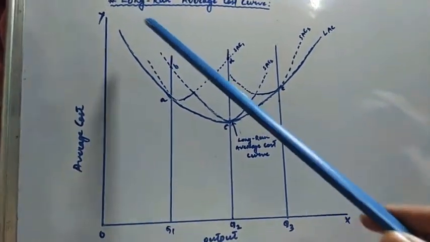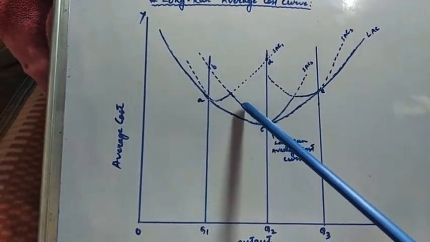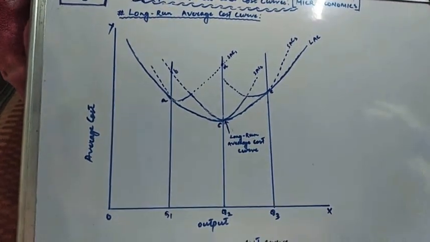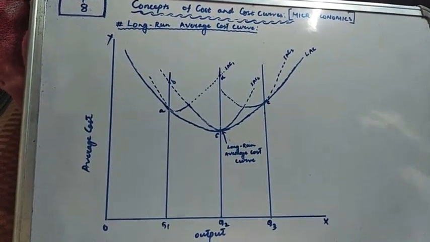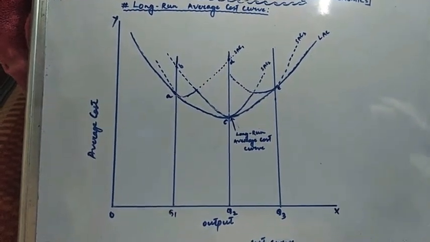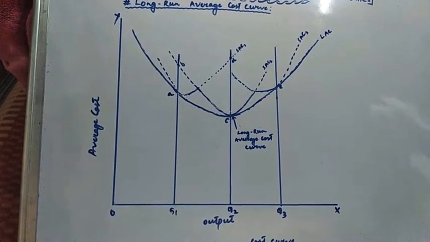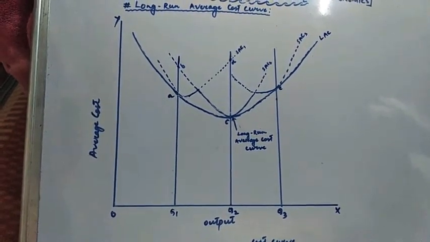But in the beginning, it is falling due to the increasing returns to scale. So the long run average cost curve is explained by the returns to scale, unlike the short run cost curve, which is explained through the law of variable proportion.